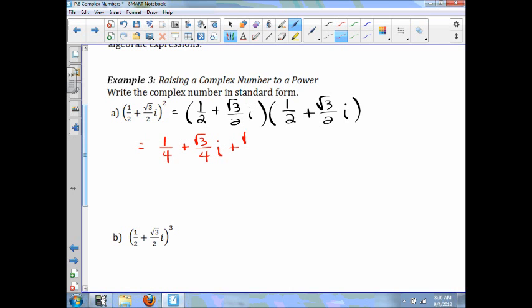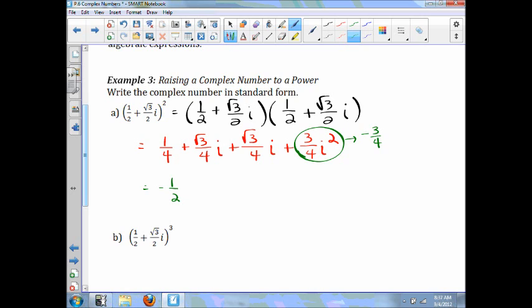Same thing for the i term for FOIL. Plus 3 over 4i squared. Well, from the previous example, you should know that 3/4 i squared is really a negative 3/4 because i squared is negative 1. So 1/4 minus 3/4 would be a negative 1/2.